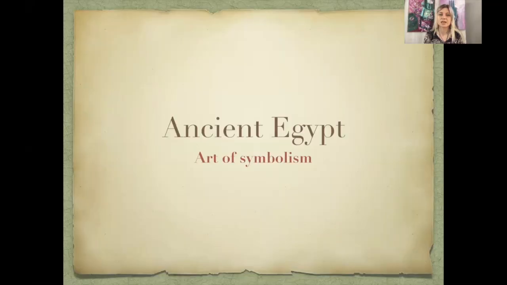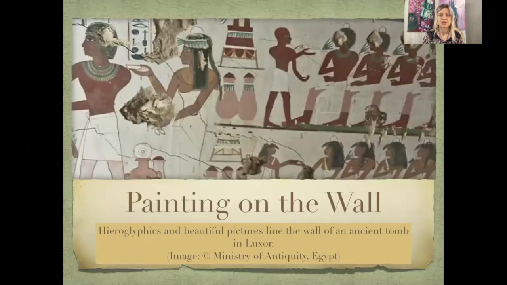And when we're ready, let's watch about Ancient Egypt in our slideshow. Ancient Egypt, art of symbolism. So as you can look at this painting on the wall, you can see how hieroglyphics and beautiful pictures line the wall of the ancient tomb.